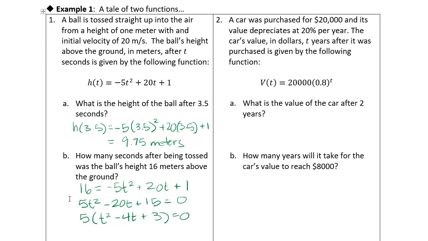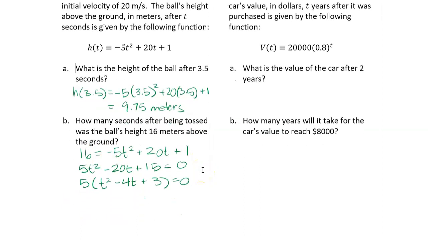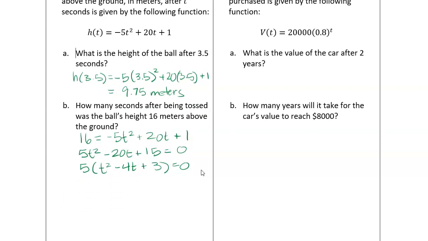Now to solve this, I need to factor. I could use the quadratic formula, but this one's easy enough to factor. If I factor it, I get t minus 1 times t minus 3. So t is equal to either 1 or 3, and this is in seconds.